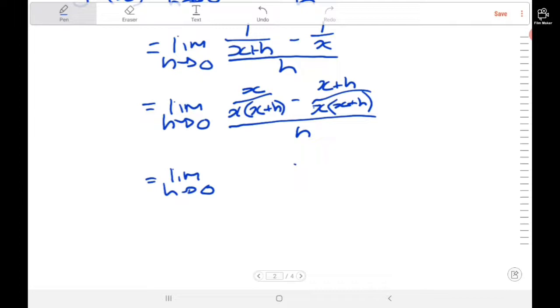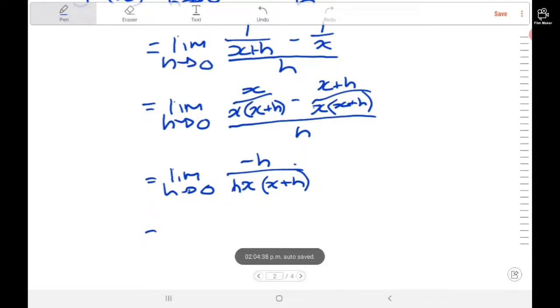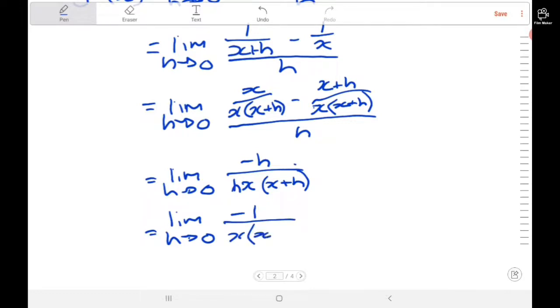We'll get x minus x, this cancels out, so we'll be left with negative h divided by h times x plus h. And now you'll notice that we can cancel out the h in the numerator with the h in the denominator. And we arrive at negative 1 divided by x times x plus h.